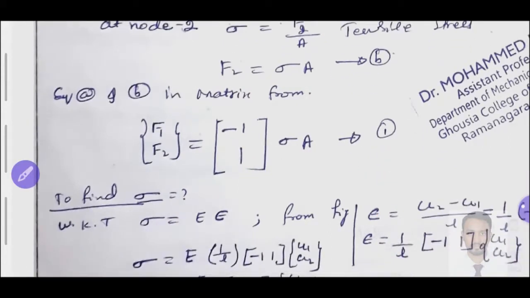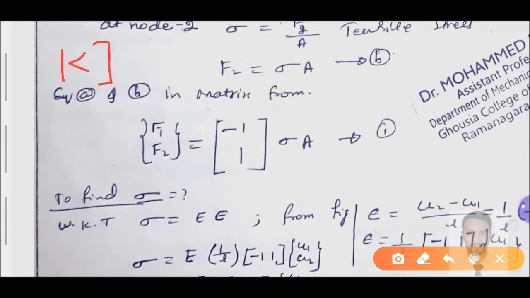We have to find the stiffness matrix. That stiffness matrix, we know, is in terms of the generalized equation. We get K into Q is equal to the F matrix.